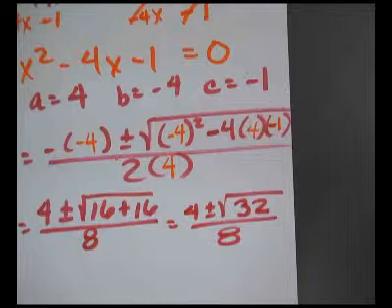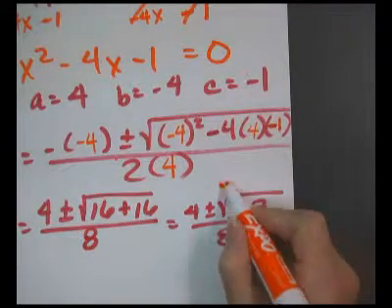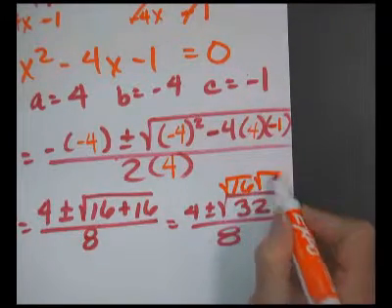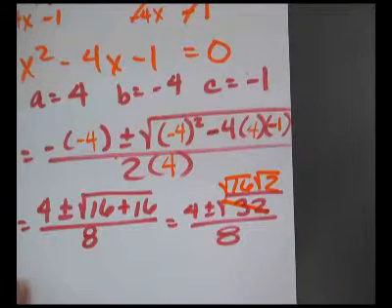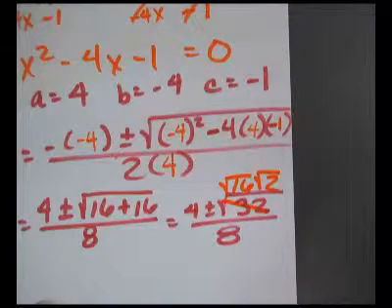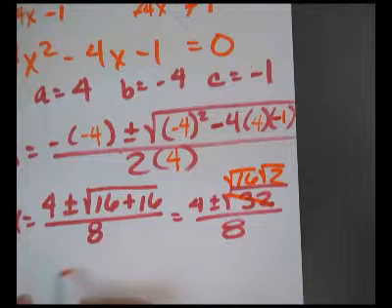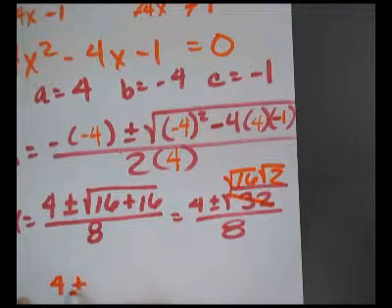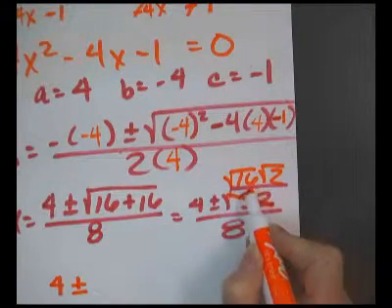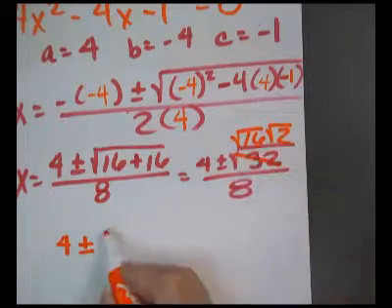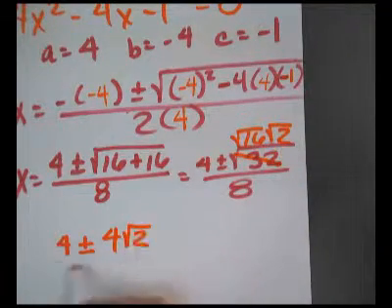What perfect square goes into 32? 4. Does a bigger one go in? 16. Let's do 16 so we don't have to do it again. 16 times 2. Okay, so our friend is 4, plus or minus, what does square root of 16 turn into? 4 square root of 2 over 8.